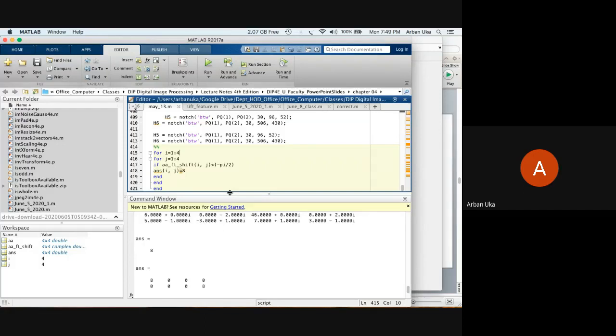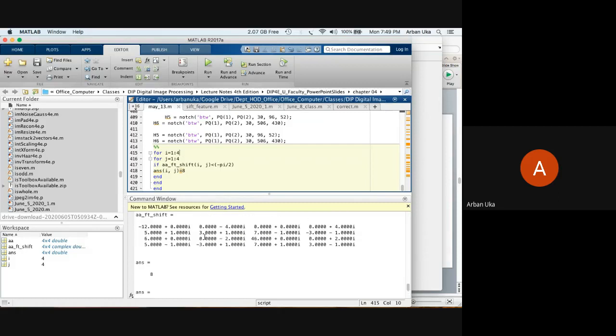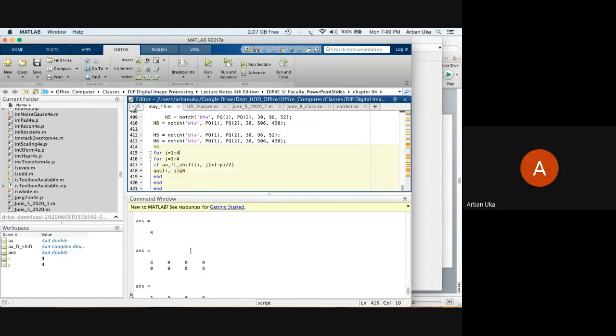So we checked whether these are smaller than, of course they're going to be smaller than minus pi over 2, but then, okay. What we should have done is the angle. We should have checked whether the angle of these is smaller than minus pi over 2.